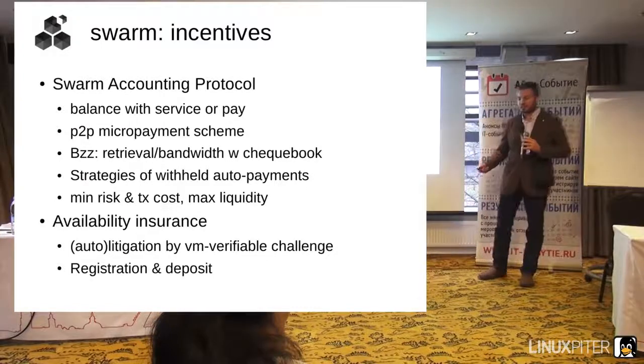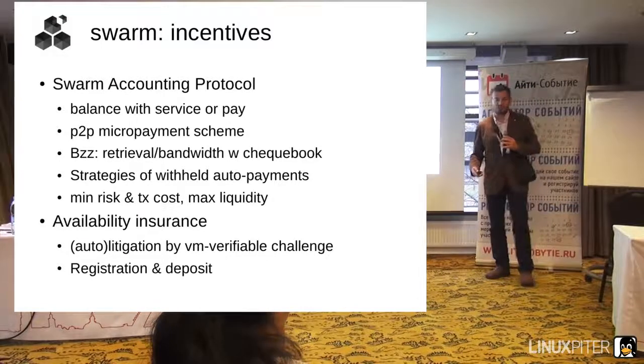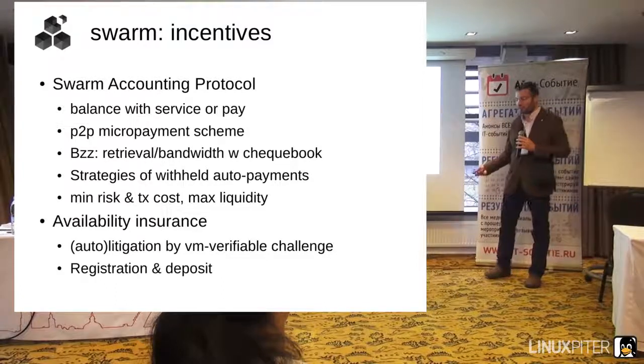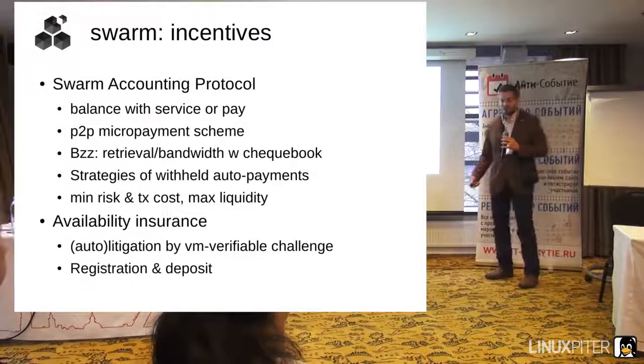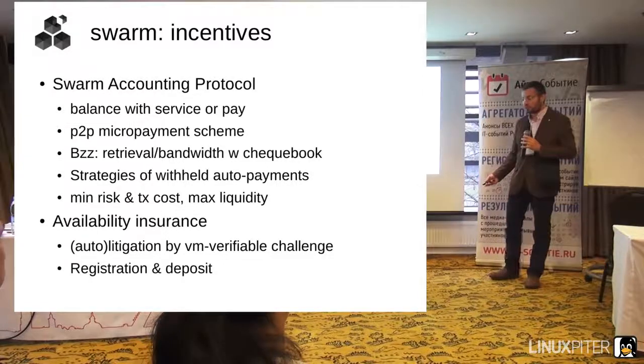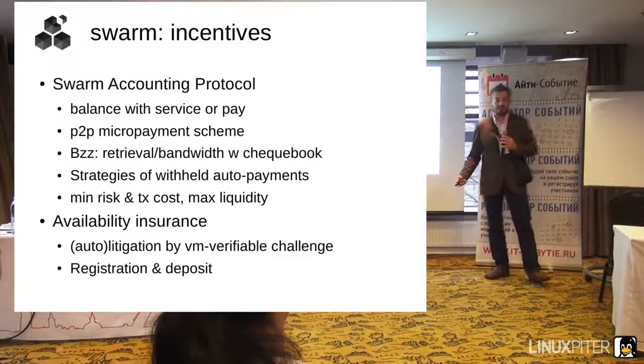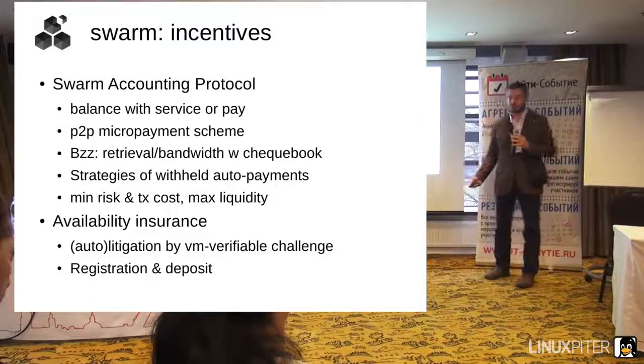So if you're providing more service than you're consuming, you can actually get others to pay for staying connected rather than disconnecting them. And vice versa, if you just want to consume and you don't want to provide the service, you can still do that, providing that you pay for what you're using.